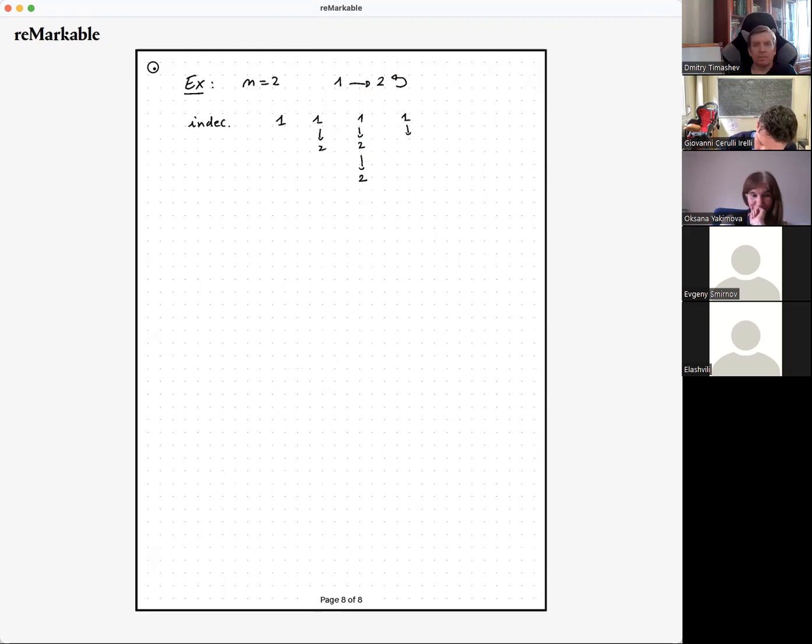Or there is another, very interesting indecomposable: 2, 1, then 2, 2, 2, 2, 2, 1. So this is alpha. And actually, remark, this algebra is famous because this indecomposable contains in its closure this other indecomposable.